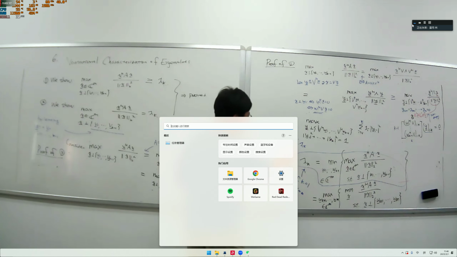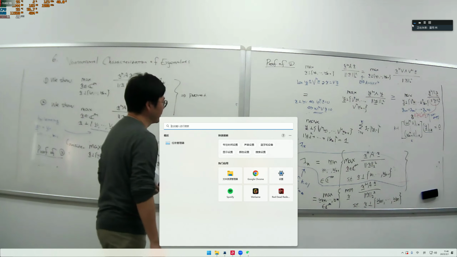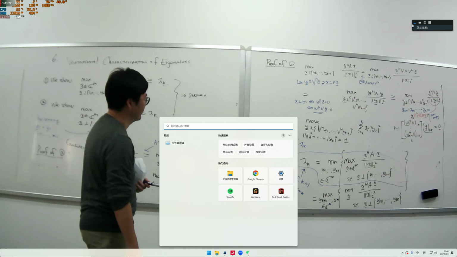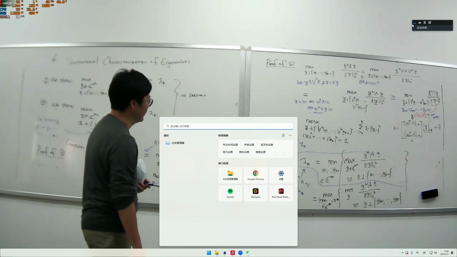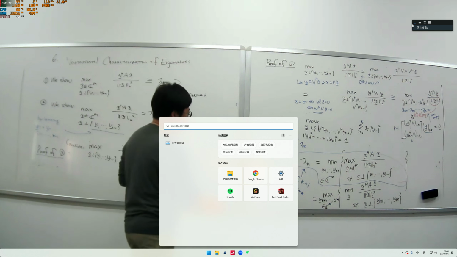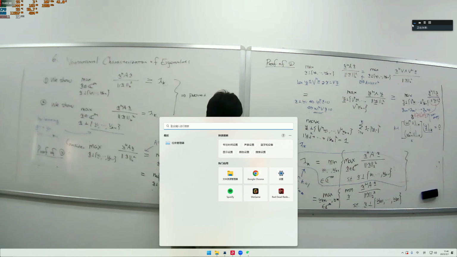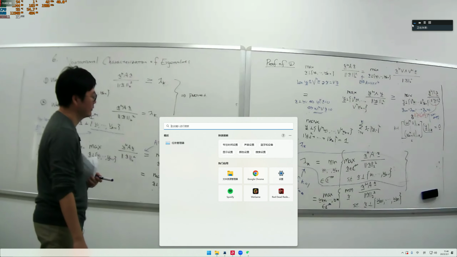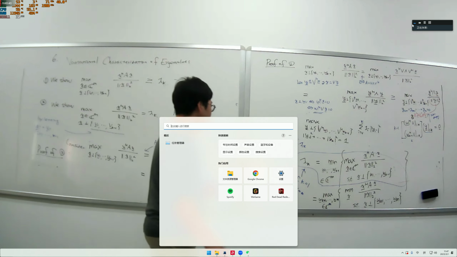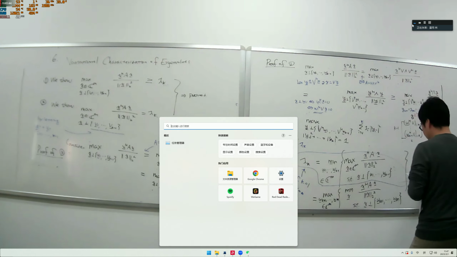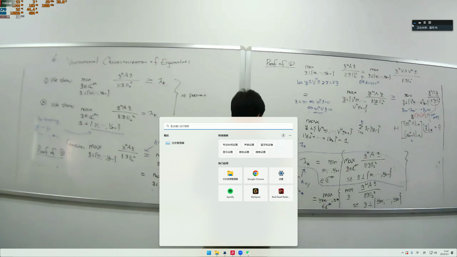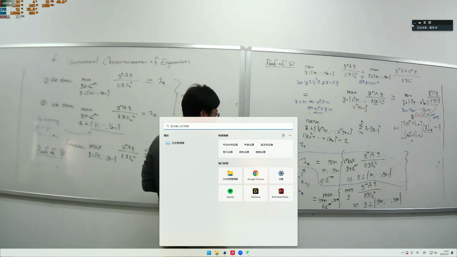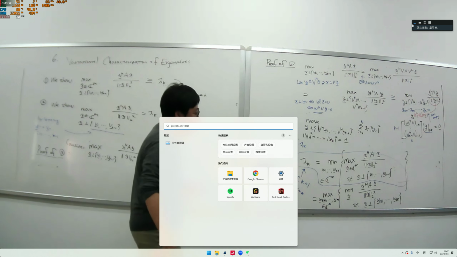So we get this lower bound. This may not necessarily be achieved, but it is lower bounded by this.